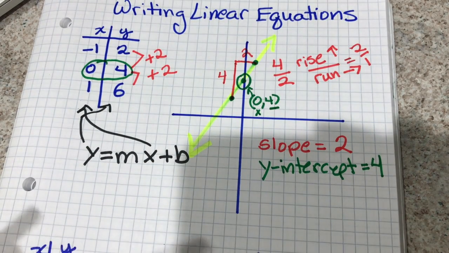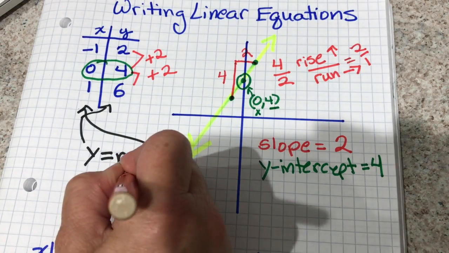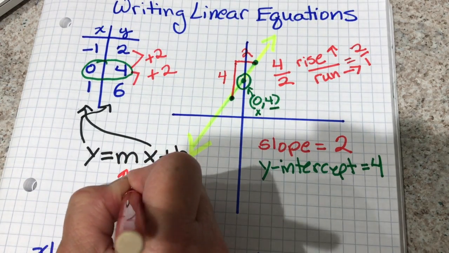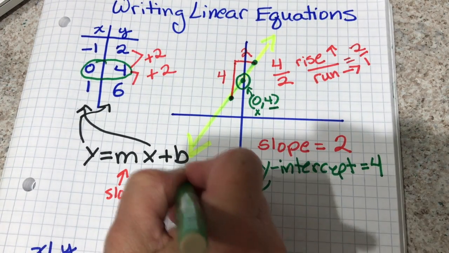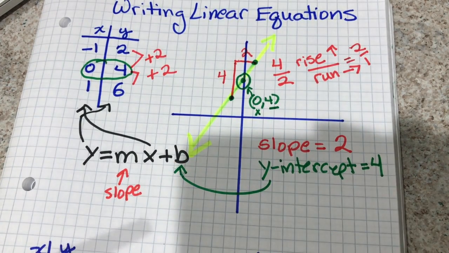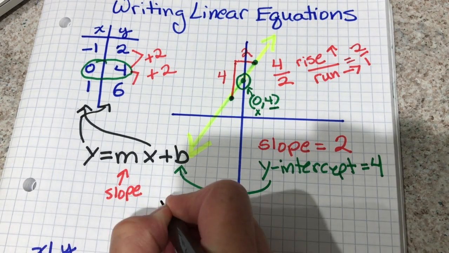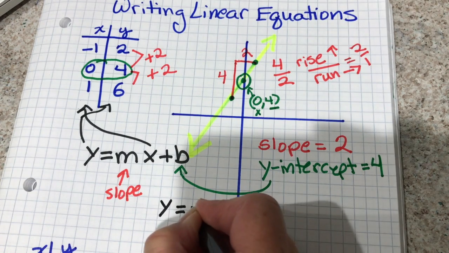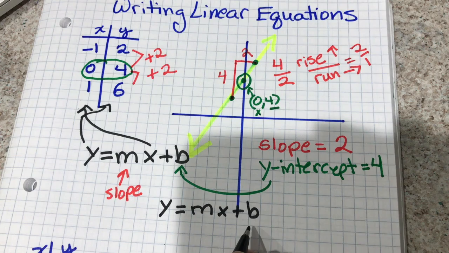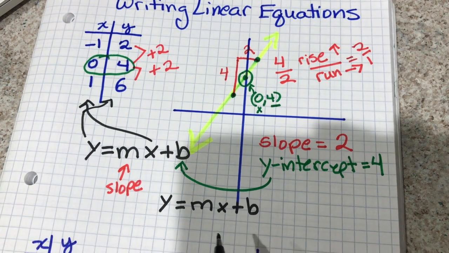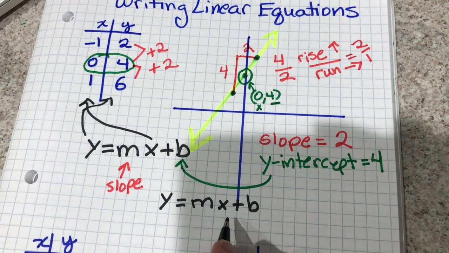M is our slope of our line. And you guessed it, b is the y-intercept. So I can rewrite y equals mx plus b, and these are just placeholders. These variables just hold the place until we know what to substitute in.